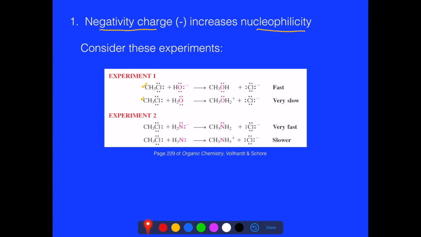We have the same substrate in both cases, the same element, oxygen, as part of the nucleophile attached to hydrogens, and we get primarily the same product, with the same leaving group. What has changed is the negative charge. Negative is fast; neutral is very slow.